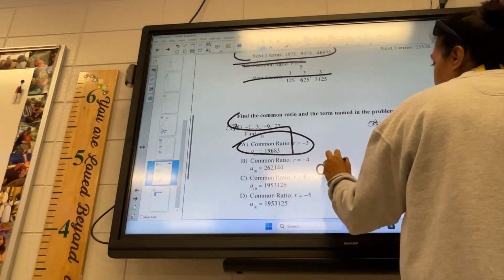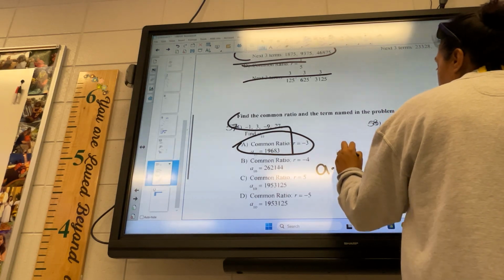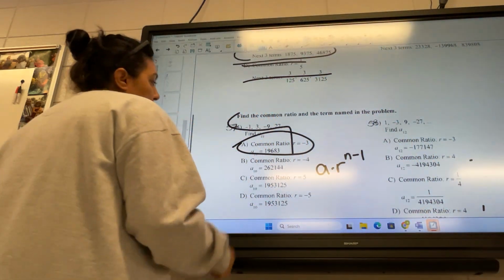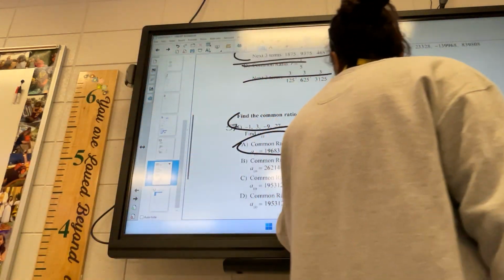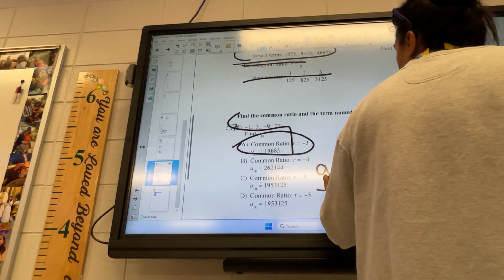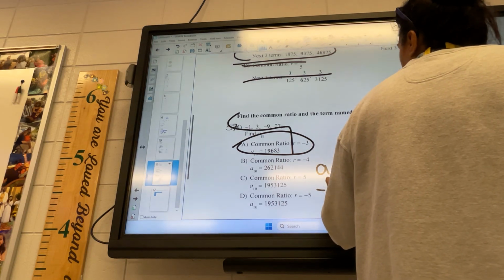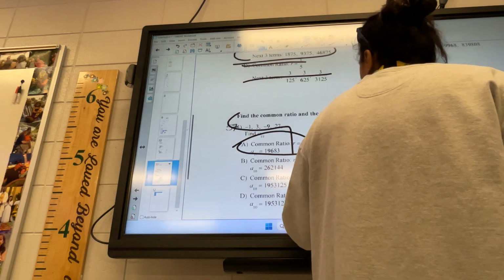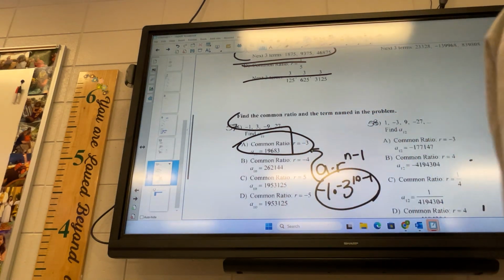Remember, it's the first number times the ratio to the n minus 1. They're asking you for 10, so it would be negative 1 times negative 3 to the 10 minus 1. You will have to do that on 58 because there are two common ratios there.